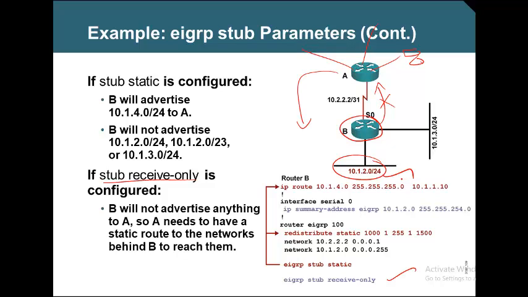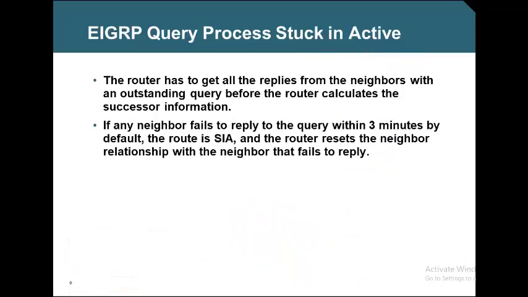So this query and response delay creates the stuck in active scenario. I already explained, but I'm going to walk you through these pages now. The router has to get all the replies. That is the issue here. If a router queries about a lost route. A route is lost.